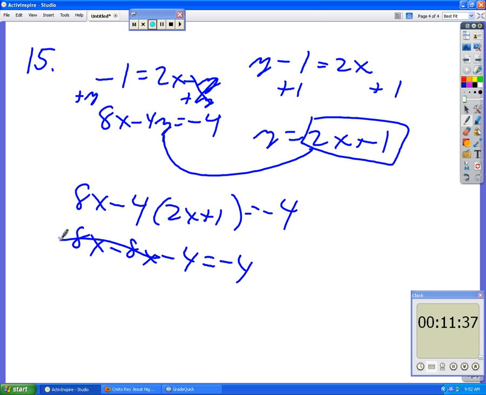When the letters are gone, and the two numbers are the same, what's my answer? What's that called? No solution? There you go. Wrong. There's a solution. All real numbers.